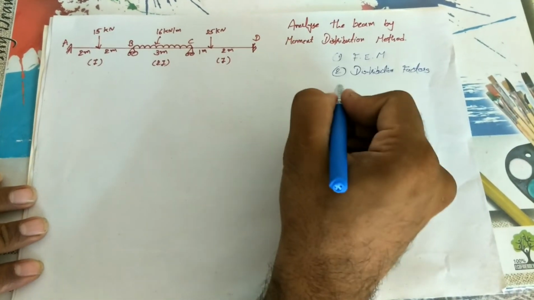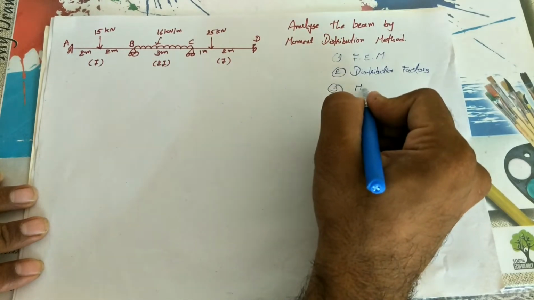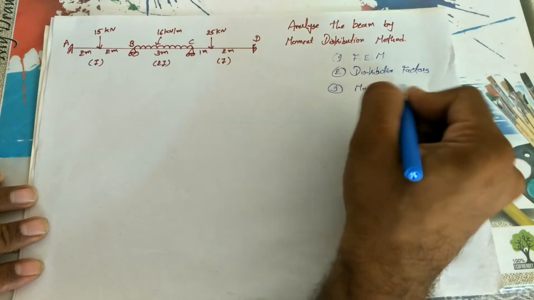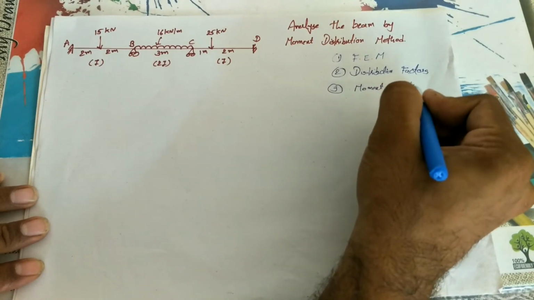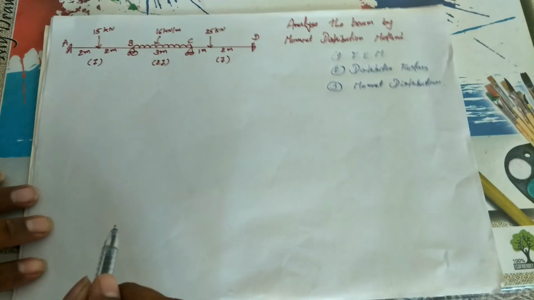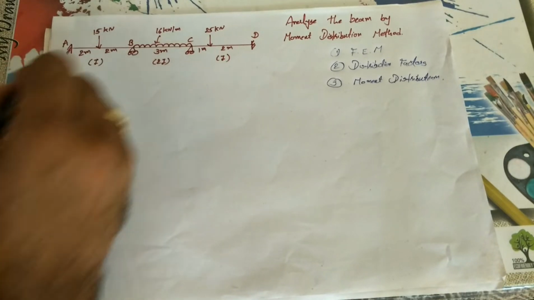Based on these two values, we calculate the moment distribution, and after that, the shear force and bending moment diagrams. So the first step is to calculate the fixed end moments.